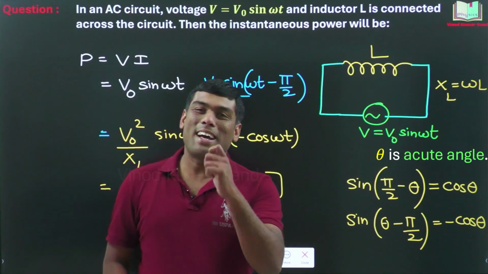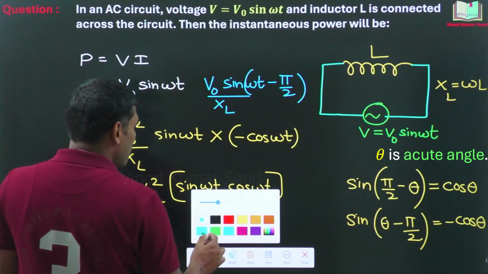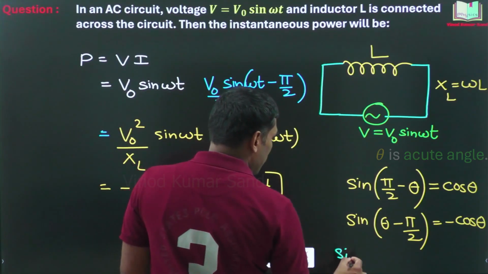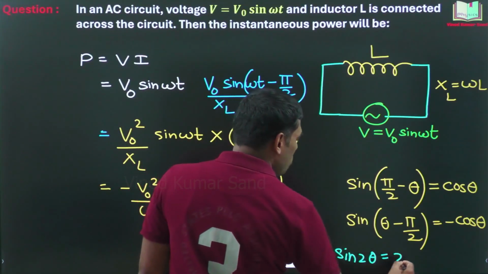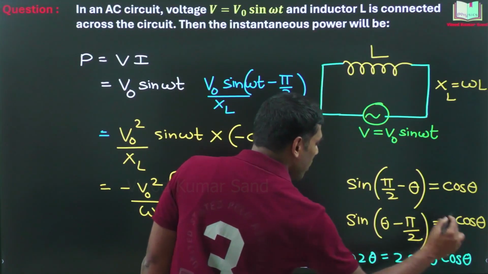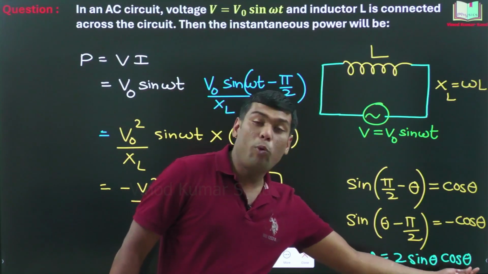Again, we need the help of trigonometry. You might remember what is sine 2 theta. The sine 2 theta is 2 sine theta cos theta. So at the place of theta, think of omega t.